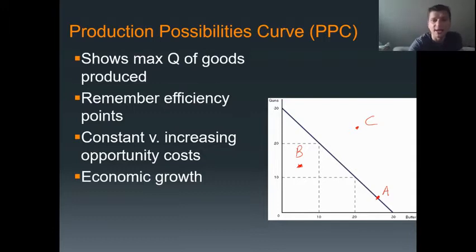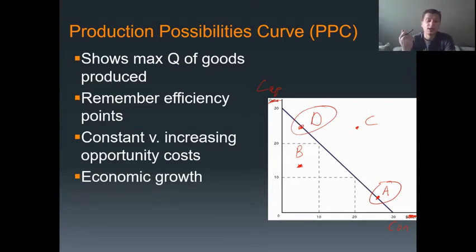So if you had 2 points along this curve, A and D, instead of guns, this was capital, and instead of butter, this was consumer, D would yield more economic growth than A. I doubt that'll show up. That's more of a macro principle. But economic growth in general does show up if there's a sustained increase to one of the factors of production.